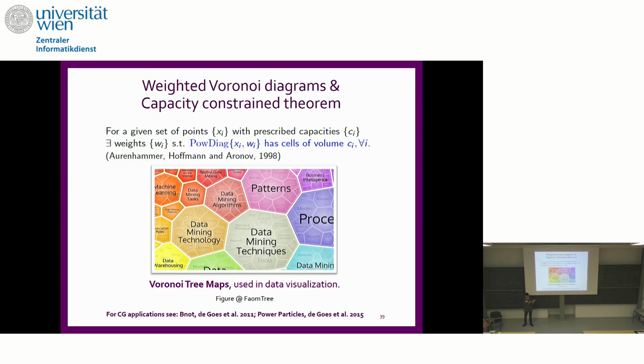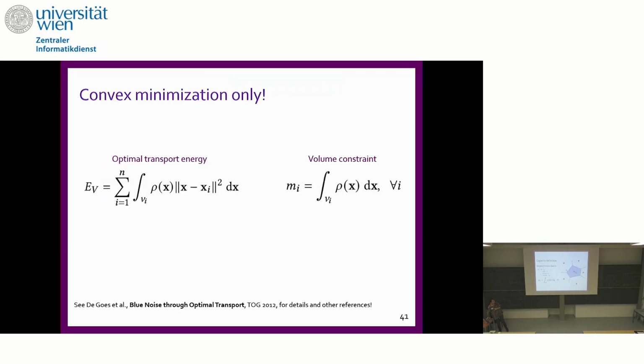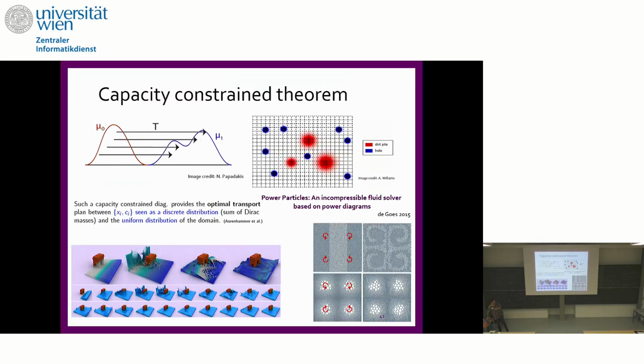So you can always come up with a nice partition that is somehow following the prescribed capacity, and it has more interesting applications that were considered in different papers in computer graphics.